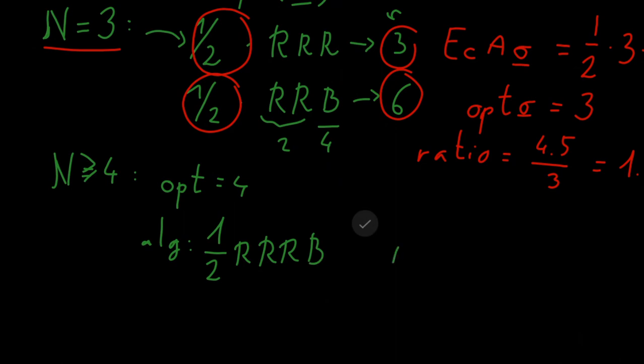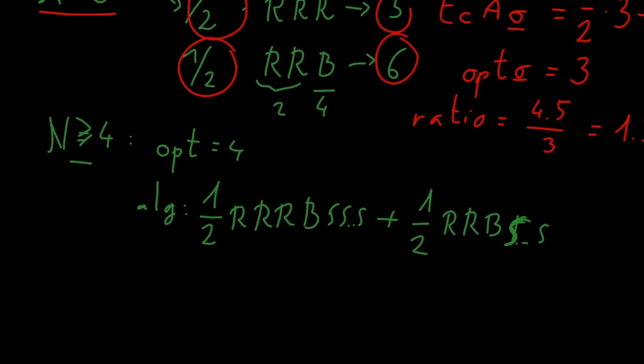Or with 1/2 probability, I will already buy the skis on the third day, and then I'm just skipping on the fourth day. And of course, if there are more days, because here it's at least 4, I'm just keep skipping. Now, what's the cost of this?